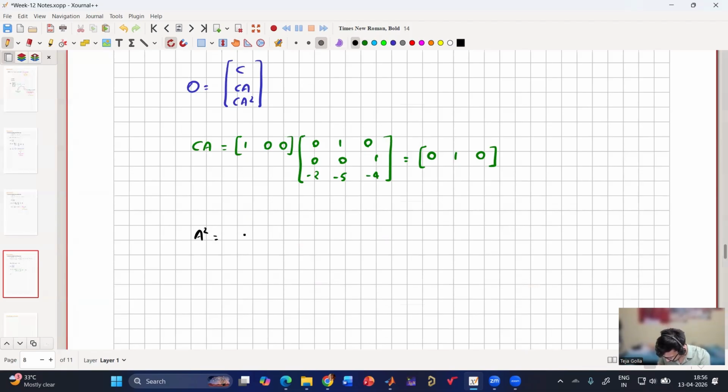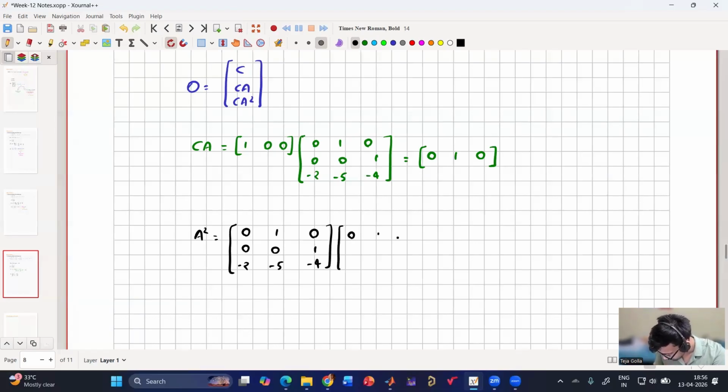So A square is [0 1 0; 0 0 1; -2 -5 -4] multiplied by [0 1 0; 0 0 1; -2 -5 -4]. The first row will be 0, 0, 1, then the second row will be -2, -5, -4. Now the last row will be minus 2, minus 5, minus 4 into this.